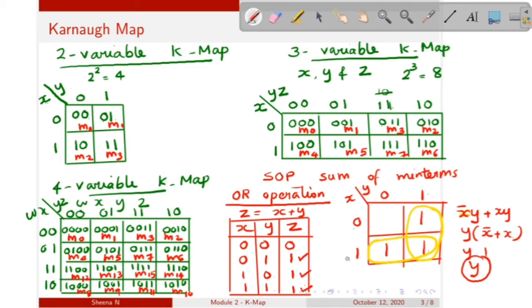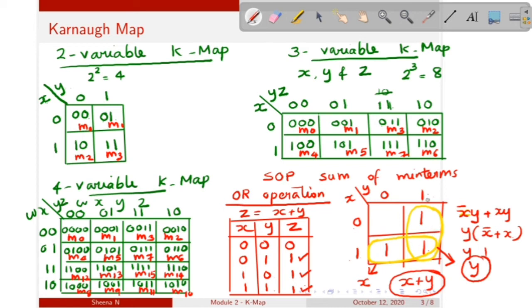So x can have value 1. So that means for this pair, the Boolean expression is x, and for this pair, Boolean expression is y. Then we take both pairs and OR the terms x plus y, because it is a sum of minterms. Clear? So we get the expression as x plus y.